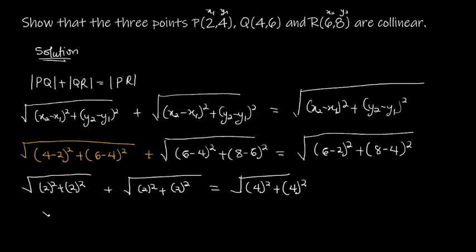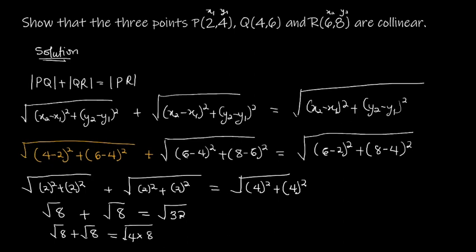So I have over here root 8 plus this will also give me root 8, is equal to, this side will give me 4 squared is 16 plus another 4 squared, which is also 16. So that will give me root 32. And then root 32 can be written as the root of 4 multiplied by 8, because 4 multiplied by 8 will give me 32, and I know the root of 4 is equal to 2.